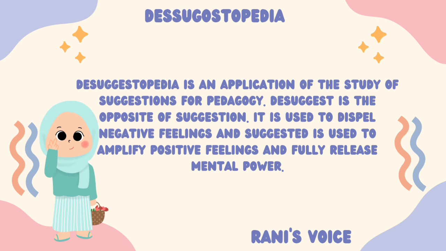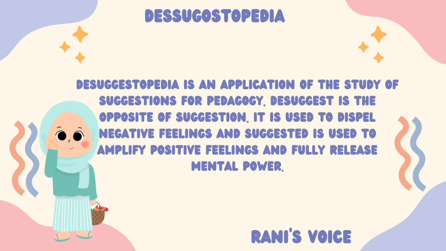Desuggestopedia principles. There are 5 main principles that govern Desuggestopedia. The first, learning should be characterized by joy and the absence of tension, and is facilitated in a colorful environment. The second, humans operate on conscious and subconscious levels. What can a student learn from what is present in the environment, even if his attention is not directed to it?